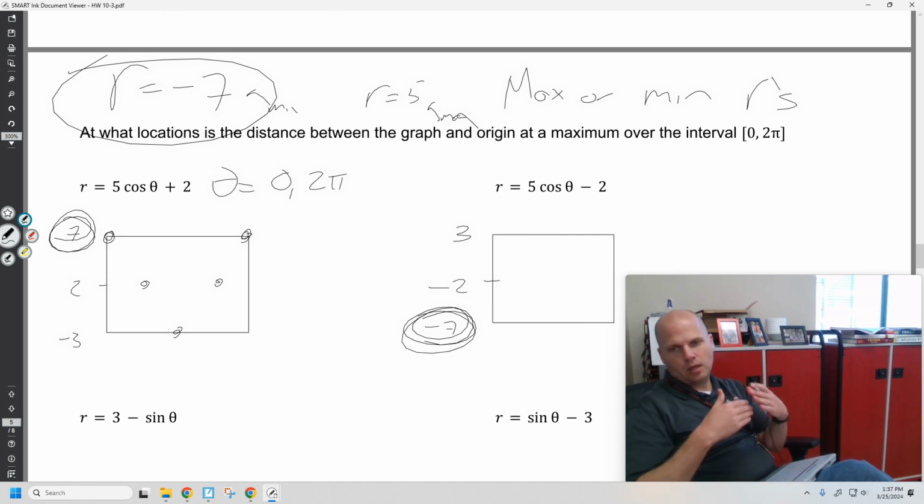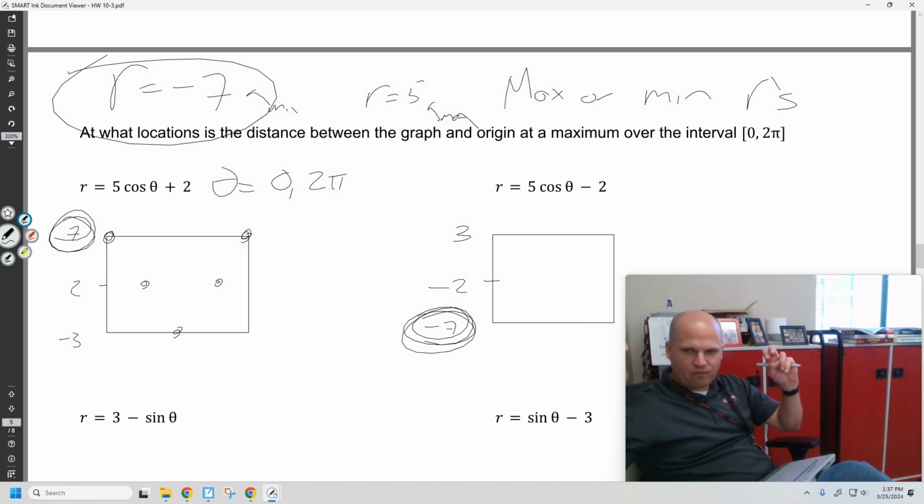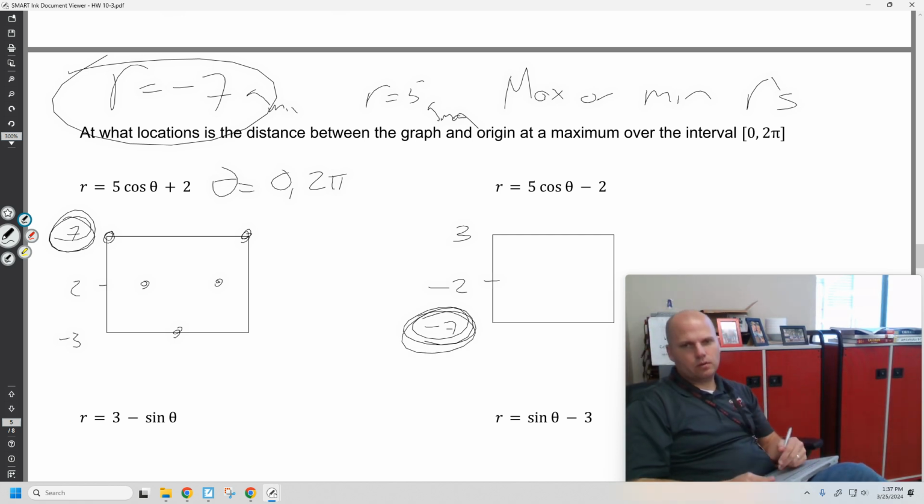Understand that the largest absolute value would produce our biggest distance away from the origin. So 0, pi over 2, pi, 3 pi over 2, 2 pi, we're going to be talking about pi. And that makes sense. It's -5 minus 2 is -7.